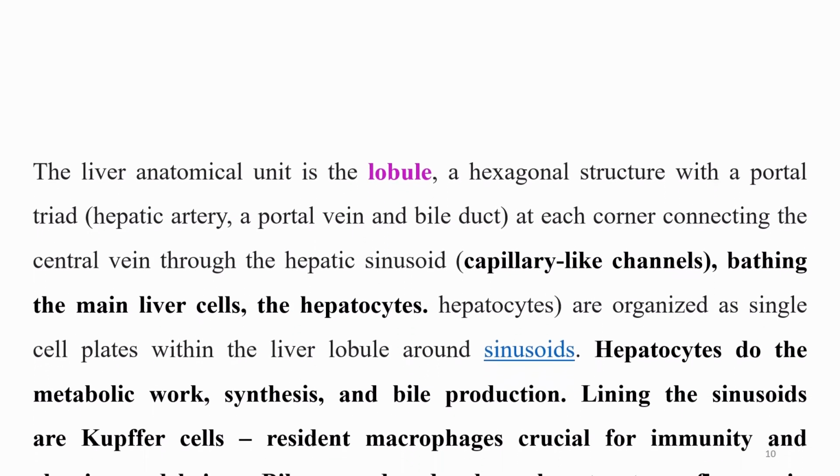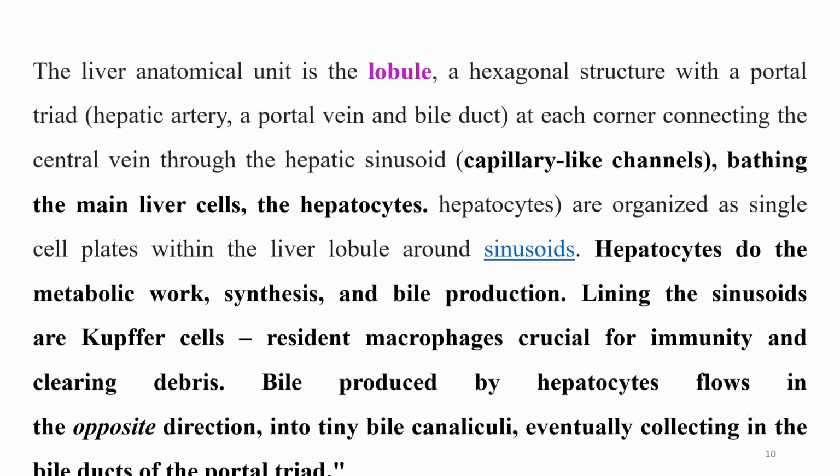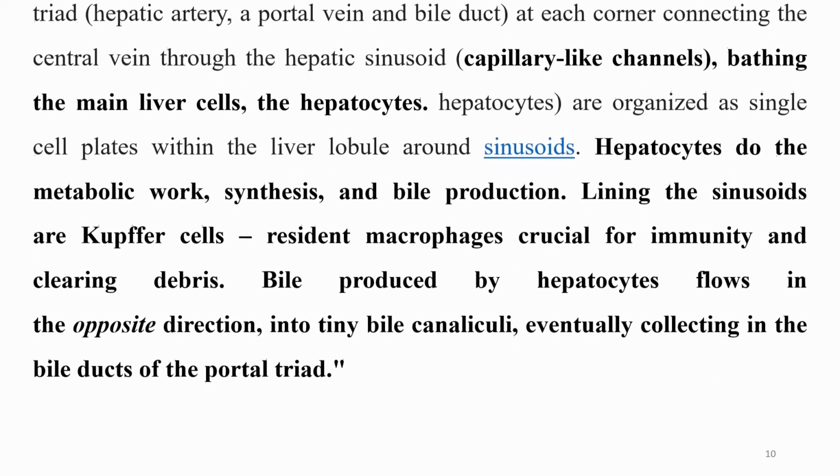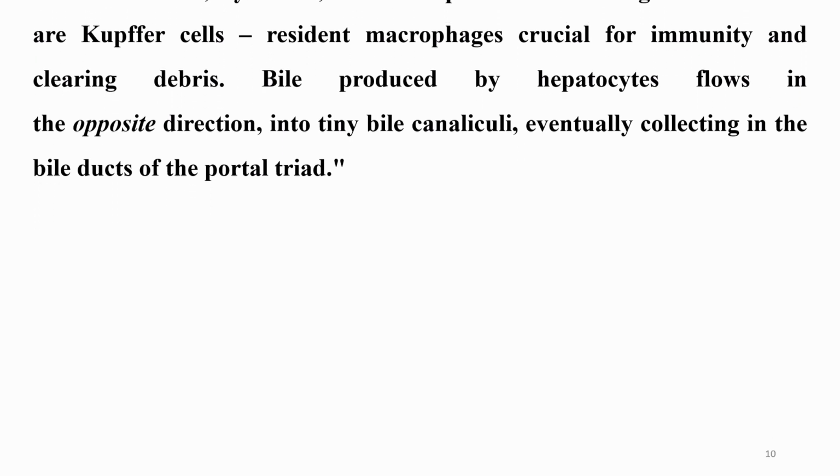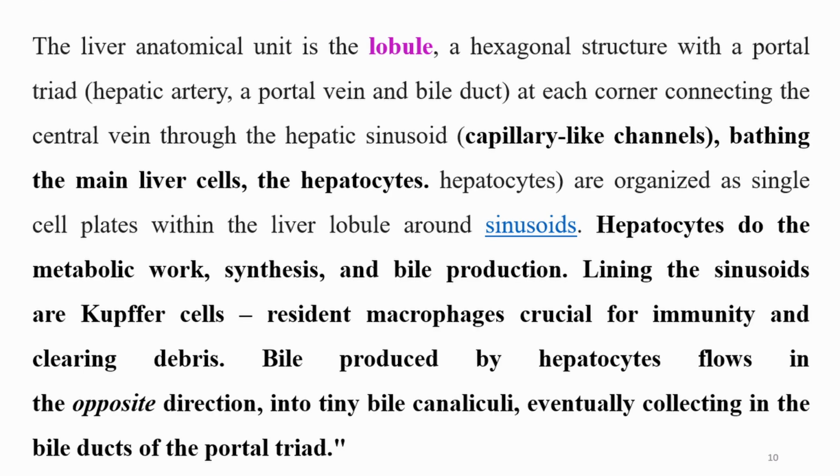Blood flows from the portal triads through the hepatic sinusoids toward the central vein. Hepatocytes are arranged in plates along these sinusoids, performing metabolic functions. Bile flows in the opposite direction, from the hepatocytes into tiny bile canaliculi, which ultimately drain into the bile ducts.